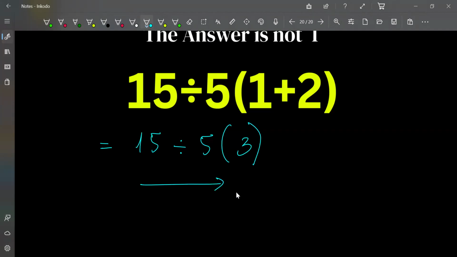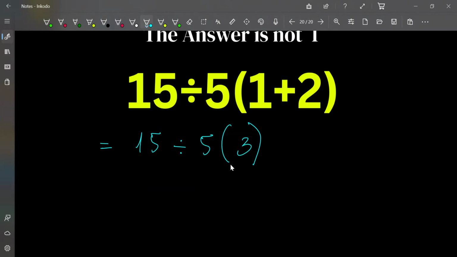Okay. And at the same time, if you have two operations like the addition operation and subtraction operation, you also evaluate from the left to the right. So now let's look back to our answer.